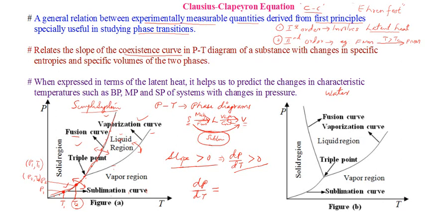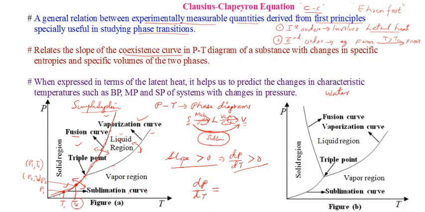Similar is the case for the fusion curve or the vaporization curve. Corresponding to every point, you will be able to get a pressure and a temperature, and all these values will be characteristic of the particular system where those two phases are coexisting.